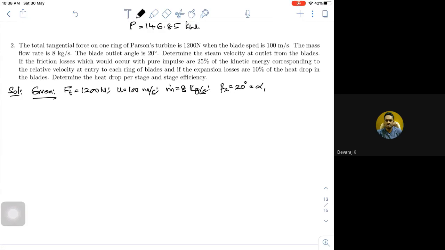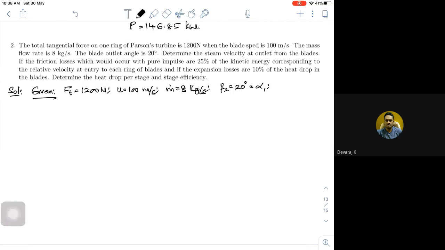They are given that the frictional losses which would occur with pure impulse are 25% of the kinetic energy corresponding to the relative velocity at the inlet to each ring of the blades, and the expansion losses are 10% of the heat drop.